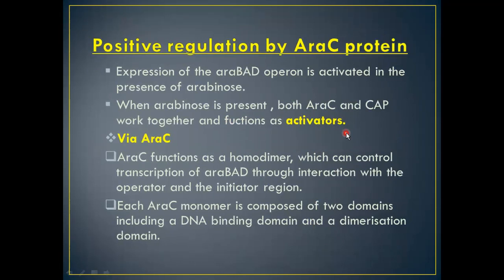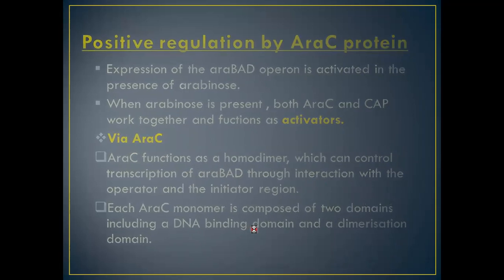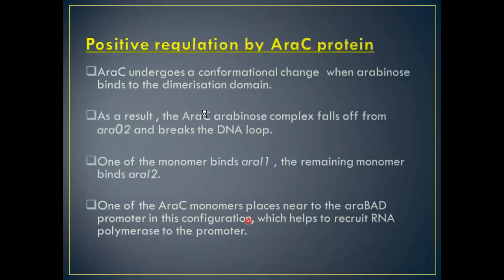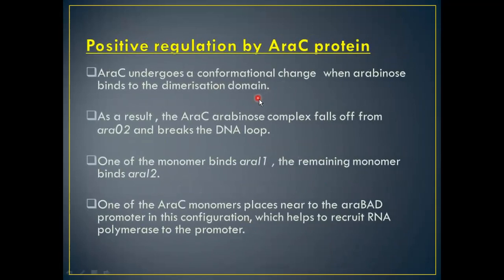It can even follow the cAMP pathway, etc. ara-C functions as a homodimer, which can control transcription of ara-BAD through interaction with the operator and the initiator regions. Each ara-C monomer is composed of 2 domains, a DNA binding domain and a dimerization domain. ara-C undergoes conformational changes when arabinose binds to the dimerization domain.